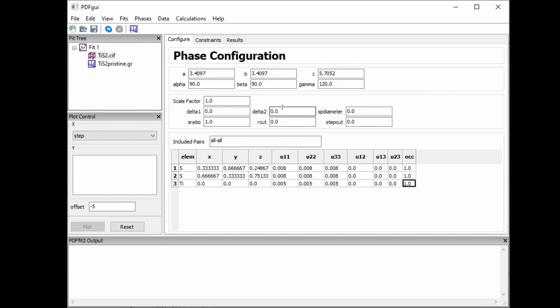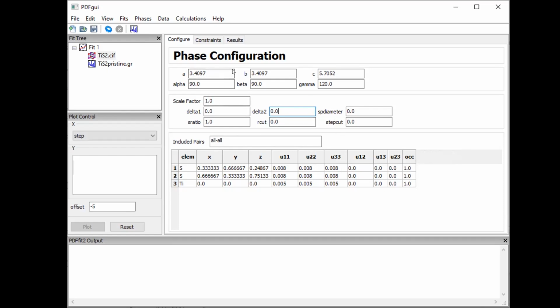You may see your fitting stuck at some stage, or your fitting cannot converge, because this parameter relates to the fitting in a more complicated way. It's not a linear relationship. So if you vary them in a way that is not predictable, the software may even crash, or the fitting cannot converge.